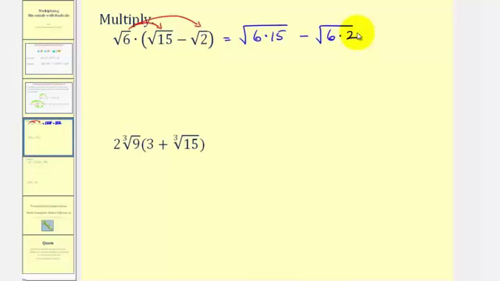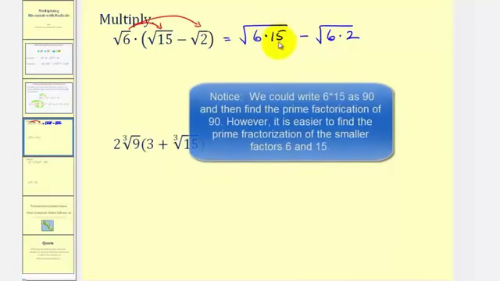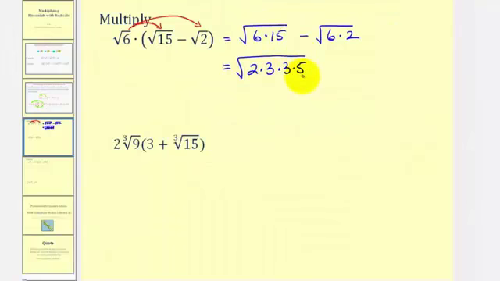To simplify this, we want to write the radicands in prime factored form so we can find the perfect square factors of this product and this product. Well, the prime factorization of 6 is 2 times 3, and the prime factorization of 15 is 3 times 5. So this is the prime factorization of this product, and then we have minus the square root of, well, 6 times 2 is 12, so the prime factorization is 2 times 2 times 3.